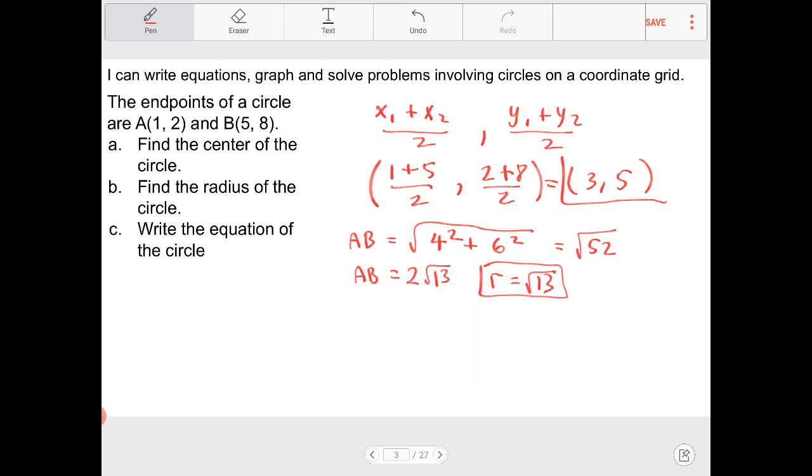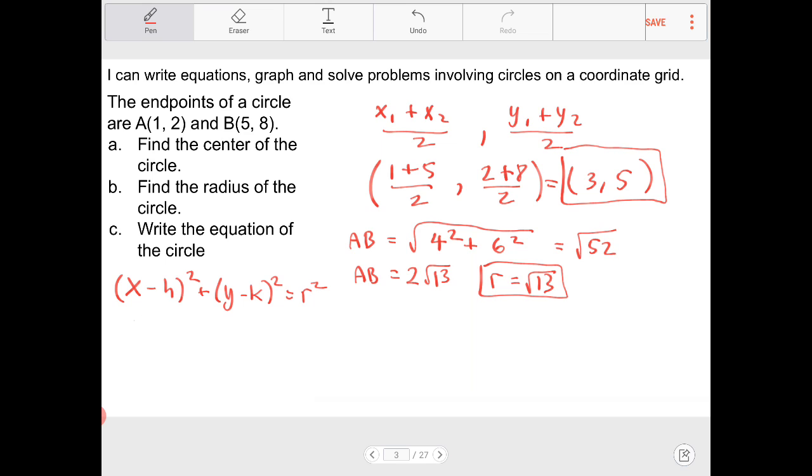So I found my radius, I found the center. We can finally write the equation of the circle. Recall the equation of the circle is x minus h, quantity squared, plus y minus k, quantity squared, equal to r squared. I can directly substitute in the values of h and k.